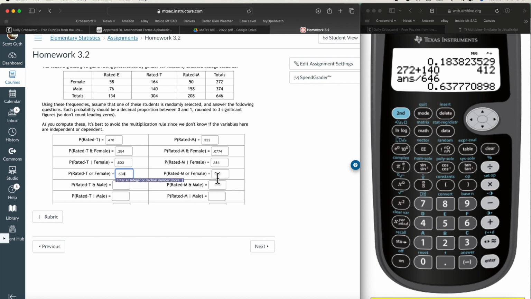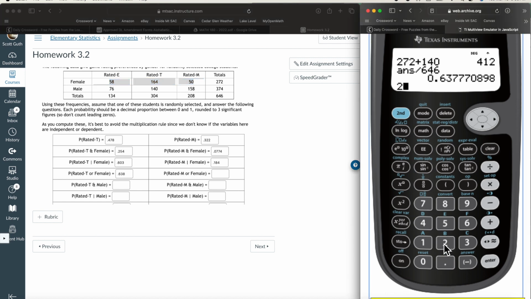Like that. Okay, so rated M or female. For the rated M, again, we're working with females still. So I'll look at the females. That's 272 females. So let me just add that in, 272 females. Plus, there's some rated M's that aren't females. So there's 158 of those. So we'll say plus 158.